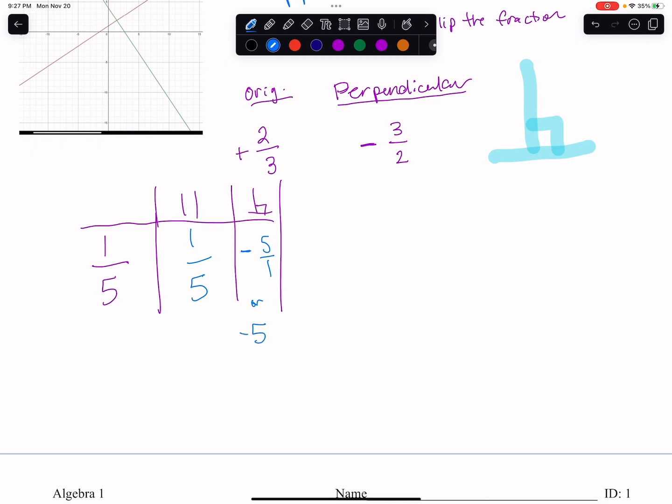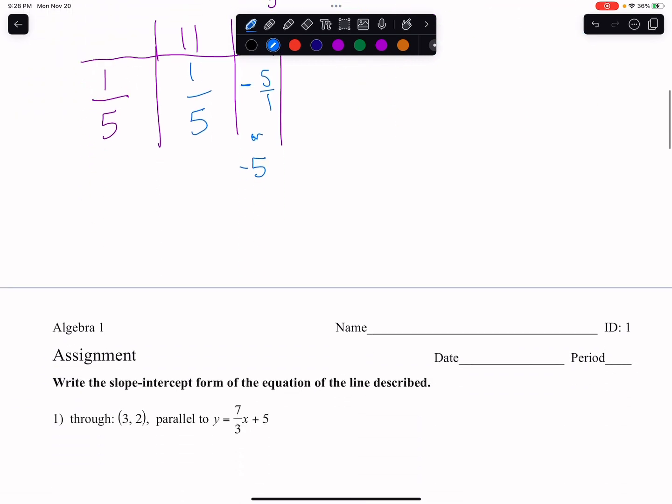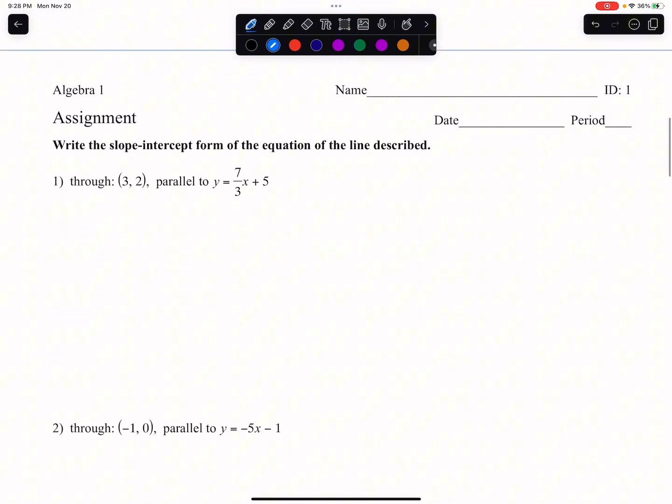Okay? So let's get into some equations where we actually have to utilize parallel and perpendicular. So now we get into the equation where it says write the slope-intercept form of the equation of the line, but now it has to be parallel to this and go through that point.